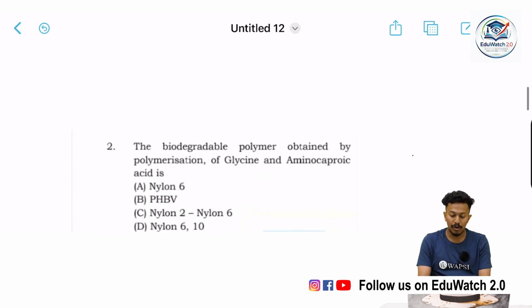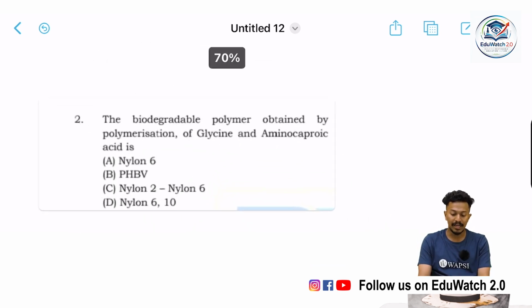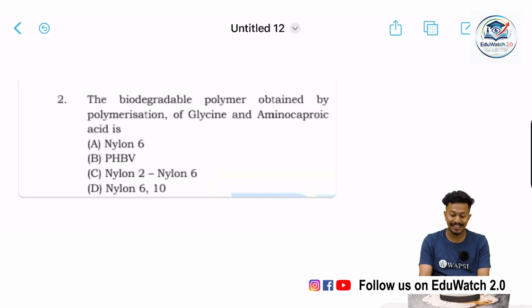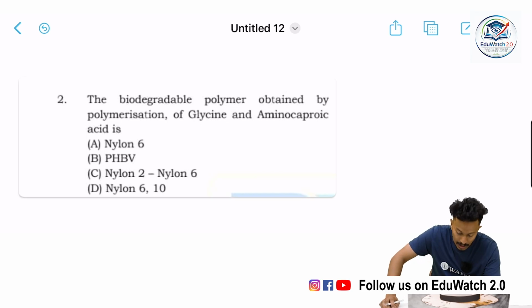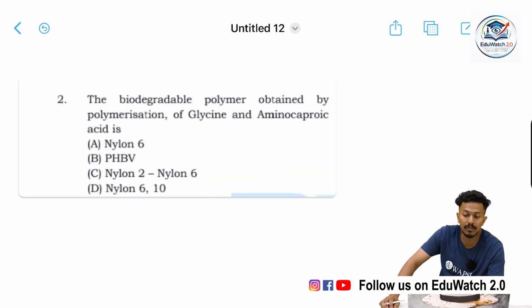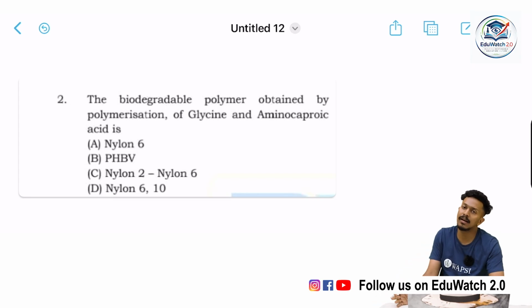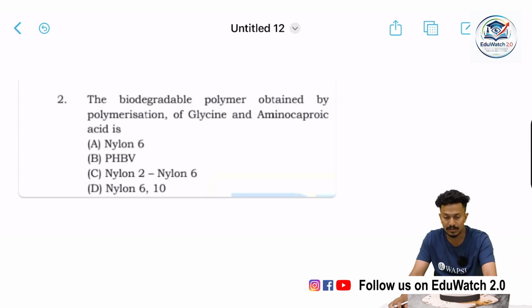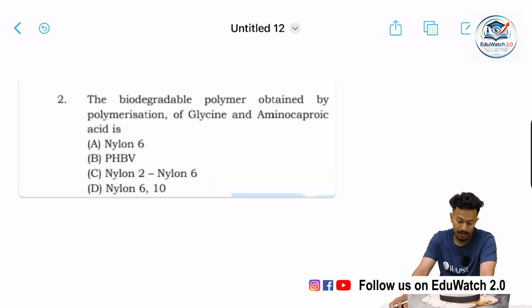Okay, we will move on to the next one. The biodegradable polymer obtained by the polymerization of glycine and aminocaproic acid. Okay, that kind of a polymer. We have changed suddenly from biomolecules to the polymer section. Nylon and nylon 66 are not biodegradable, so we could rule out that one.